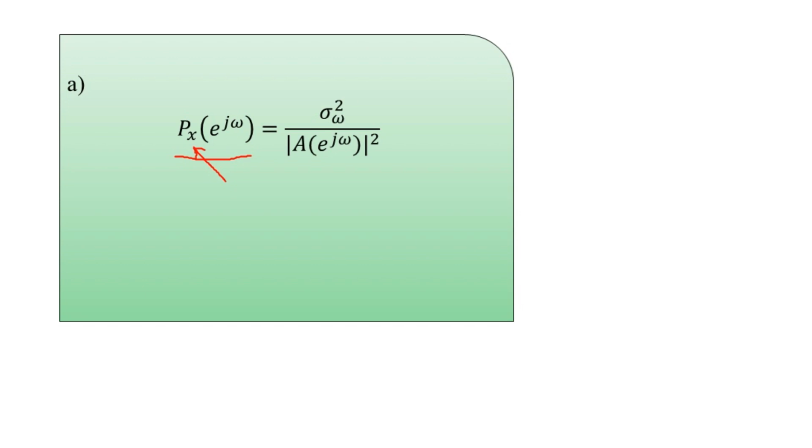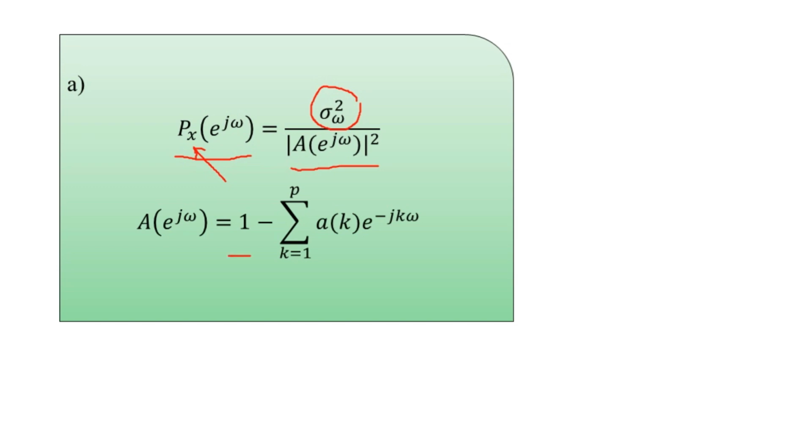Now sigma suffix w square is the variance with respect to w here that we all know, that is white noise as mentioned in the problem statement. Now what is this capital A as a function of e to the power j omega? It is also given in the form: A as a function of e to the power j omega is nothing but 1 minus the summation k equal to 1 to p of a of k in multiplication with e to the power minus j k omega.